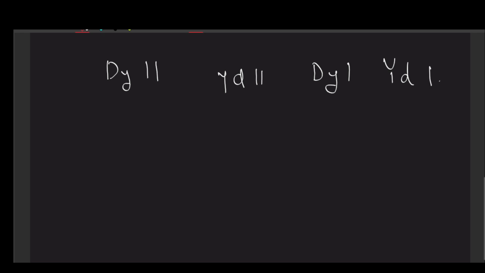So why is this phasor group important? Because suppose if you want to perform parallel operation of three-phase transformers, then you have to take care, like you cannot connect DY11 with DY1, right? Because your secondary side will be of different phase and it would result in a catastrophe.